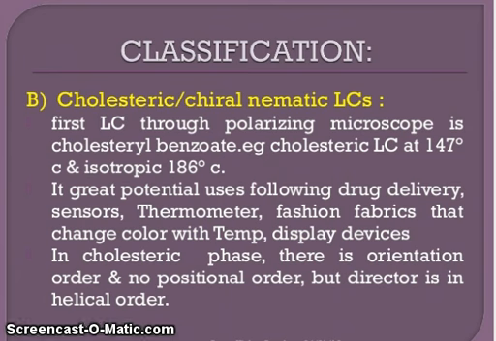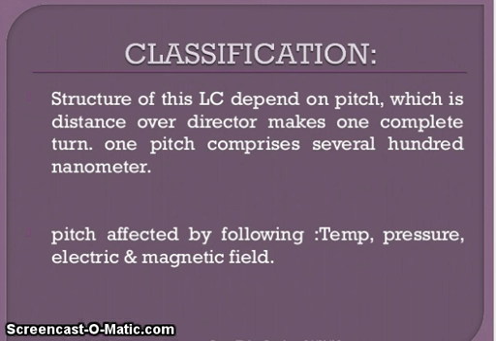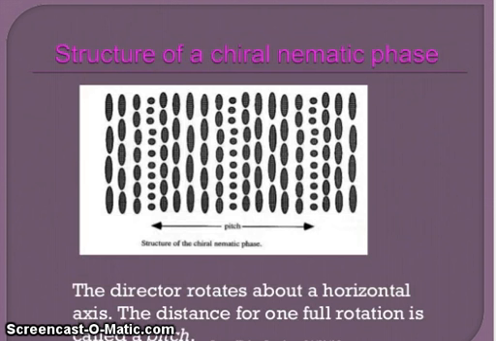In the cholesteric phase, there is orientational order and no positional order, but the director is in helical order. So the structure of this liquid crystal depends on the pitch, which is the distance over which the director makes one complete turn. One pitch comprises several hundred nanometers. Pitch is affected by temperature, pressure, and electric and magnetic fields.